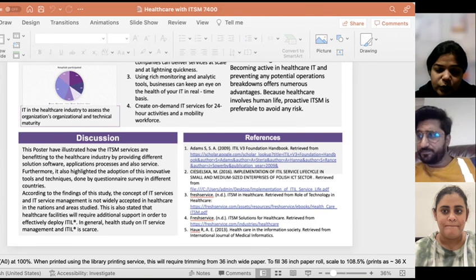Furthermore, it also highlights the adoption of innovative tools and techniques, based on a survey in different countries.